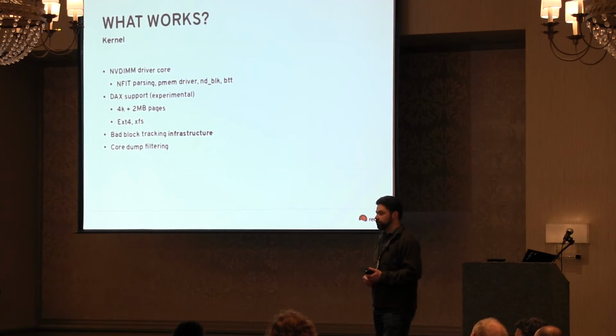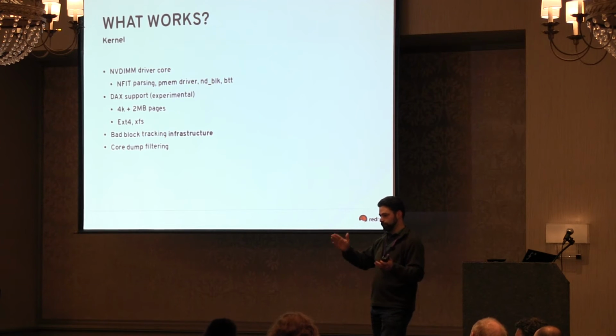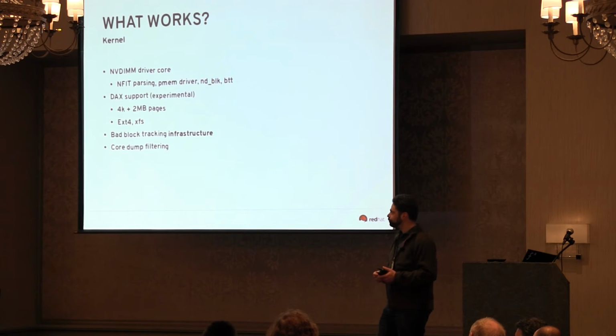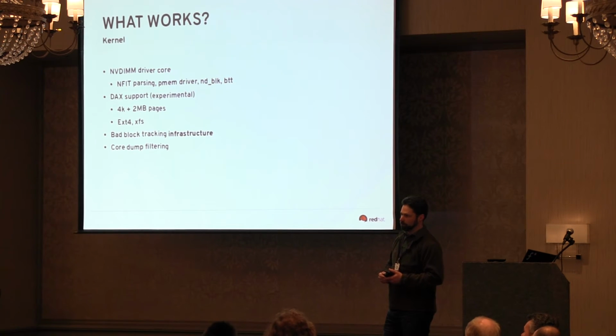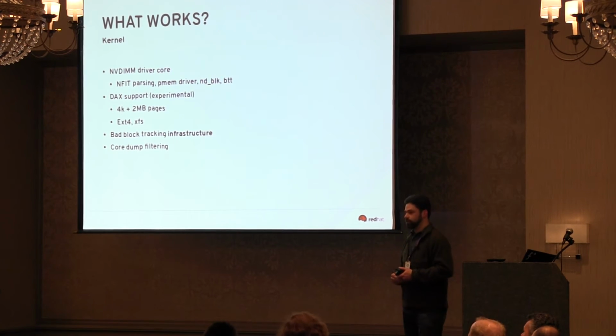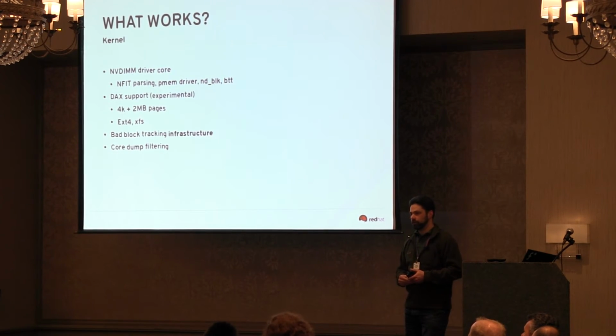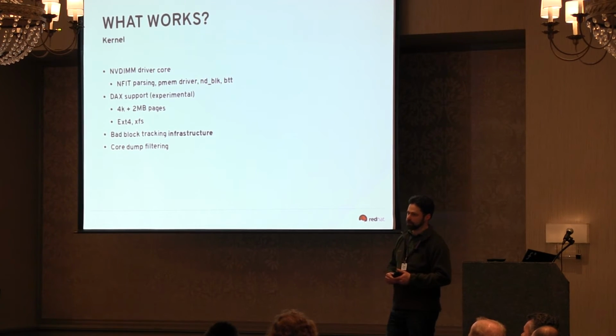I list 4K and 2 megabyte pages here because you can map files with 4K or 2 megabyte pages as long as they're aligned properly. The 2 megabyte pages is obviously to help reduce TLB pressure. The two file systems that we're going to support that have been modified for use with direct access are ext4 and XFS.